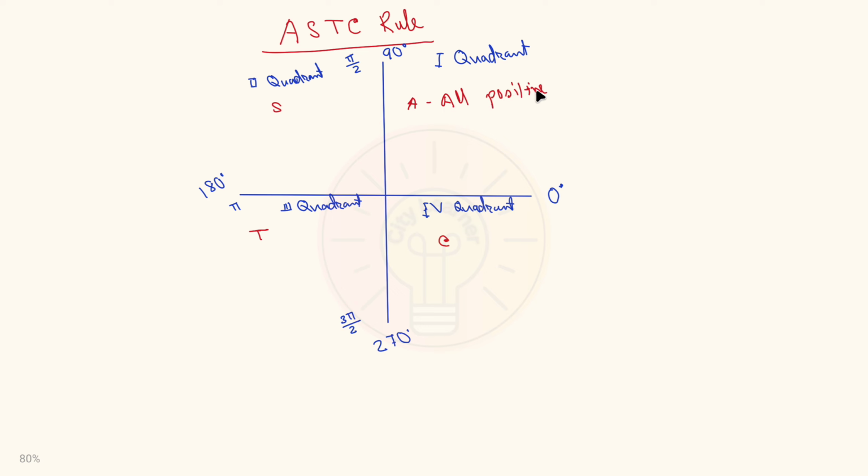So in the second quadrant sine and its reciprocal are positive, in the third tan and its reciprocal, and in the fourth cos and its reciprocal. The reciprocal of cos is sec, of tan is cot, of sine is cosec, and in the first quadrant, A means all trigonometric functions are positive.